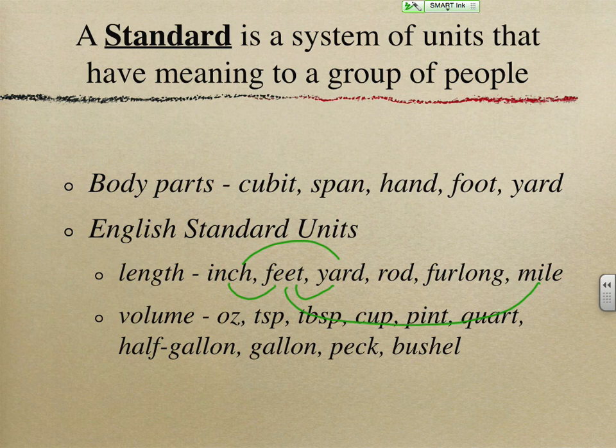We get to hear how many ounces are in a teaspoon. How many teaspoons are in a tablespoon? 3. How many ounces are in a cup? 8. This is your system. Man, this is horrible. So here we got 3, here we got 8.